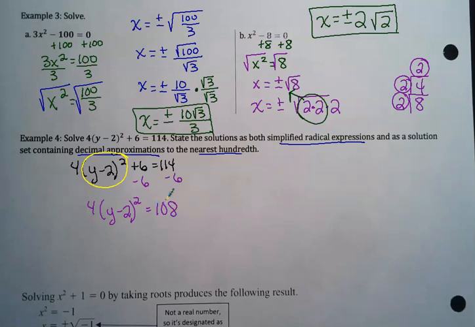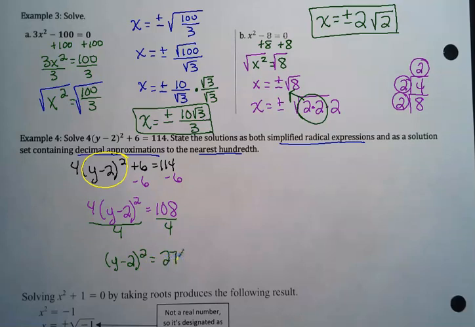Okay, what would I do next? Perfect, I need to divide by 4 because it's with my squared term here. So I'm going to have the quantity y minus 2 squared equals, what's 108 divided by 4? Excellent, 27.